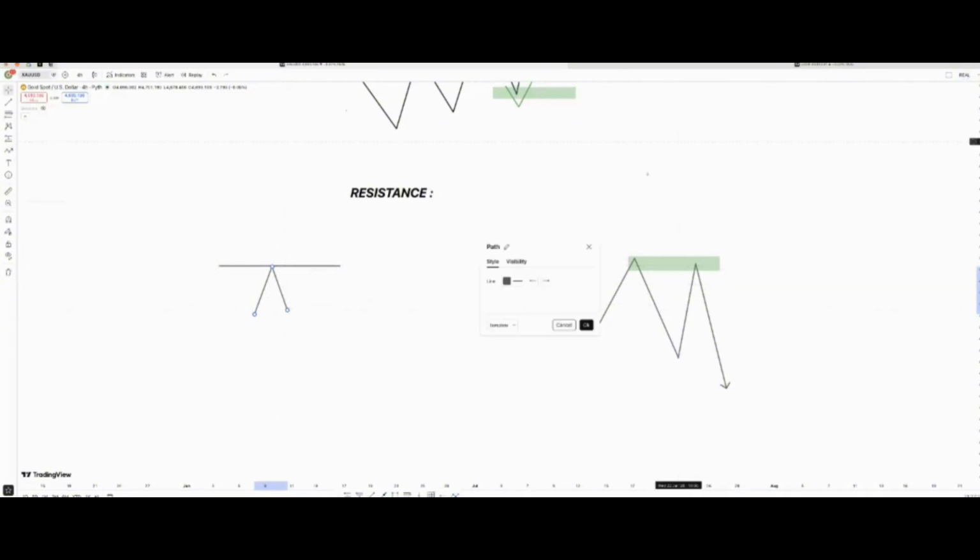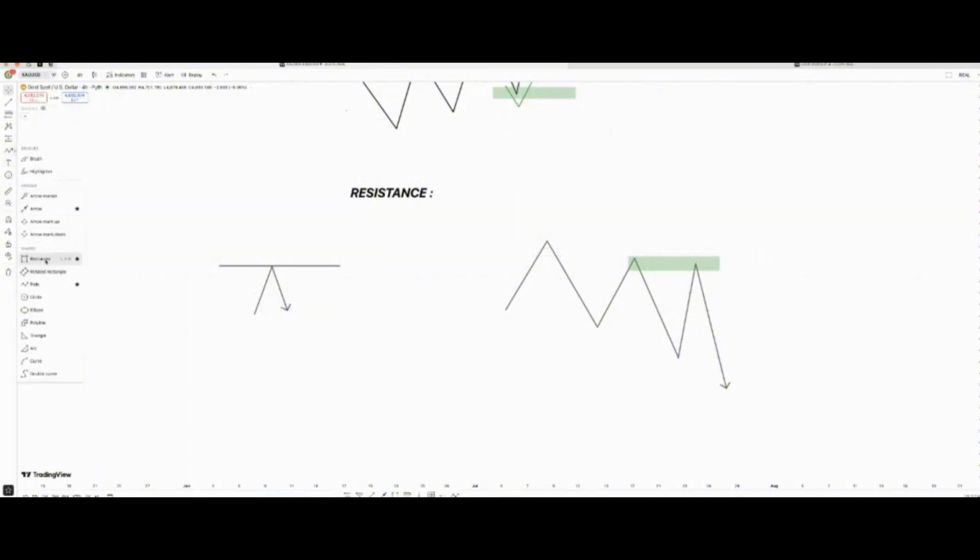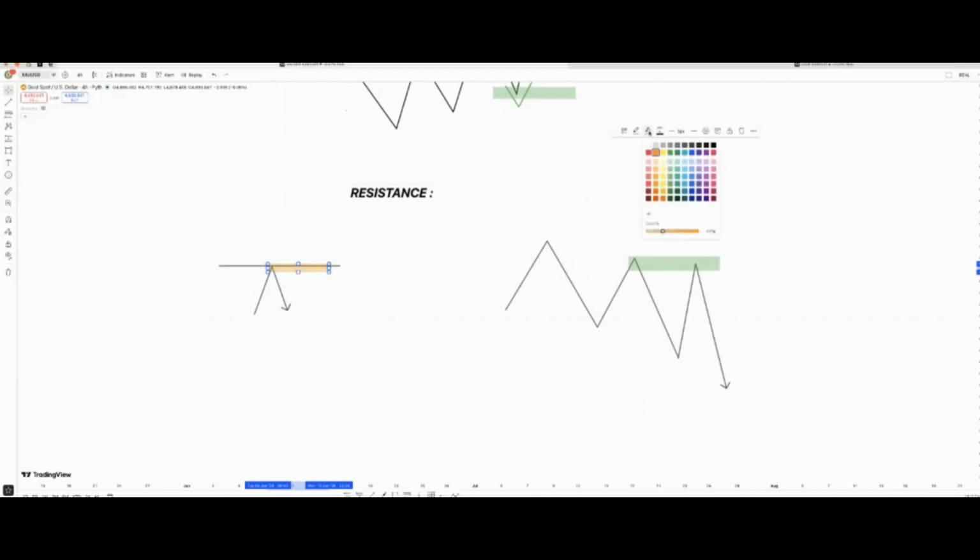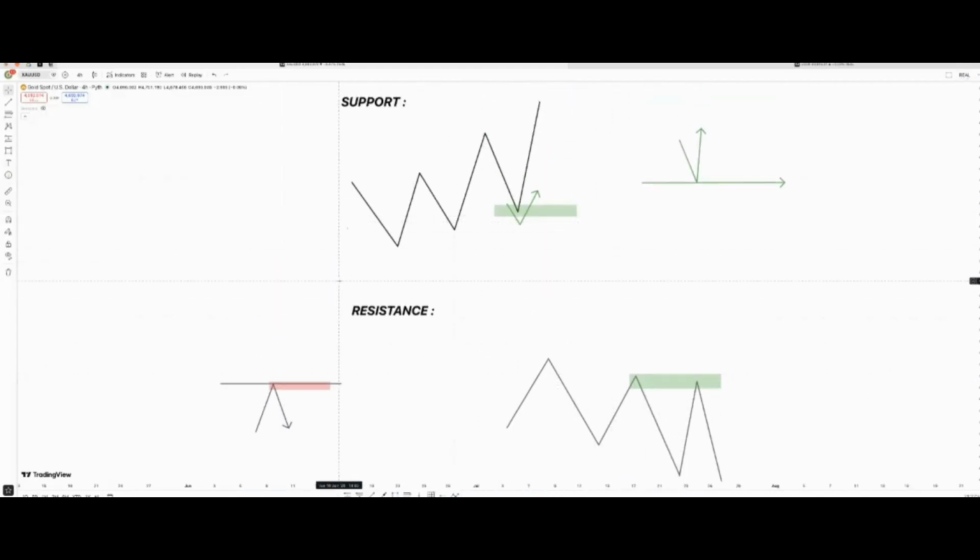The resistance zone, just like the ceiling of your house, stops the price from rising and makes the price start falling. It is said that sellers are active at the resistance zones. Just the way we have buyers acting at the support, we have sellers acting at the resistance zone.